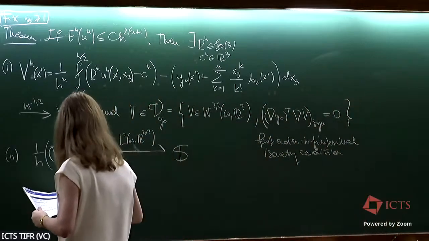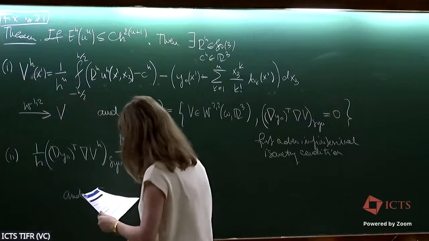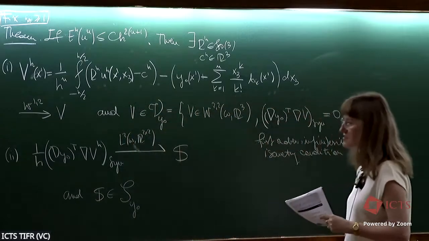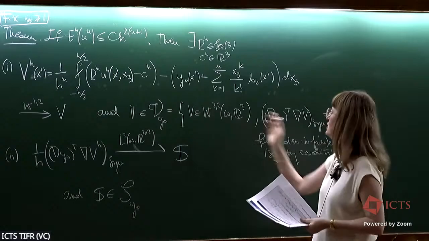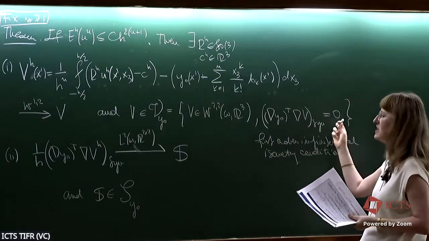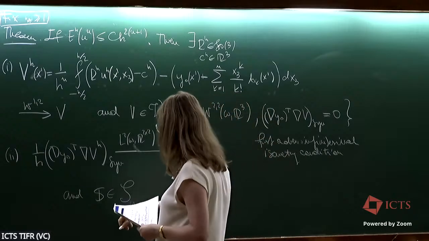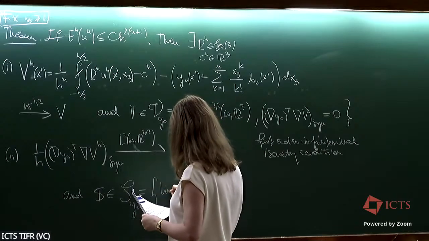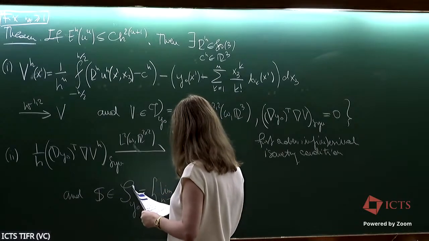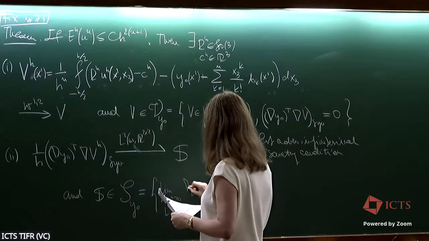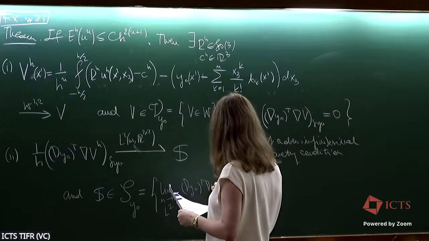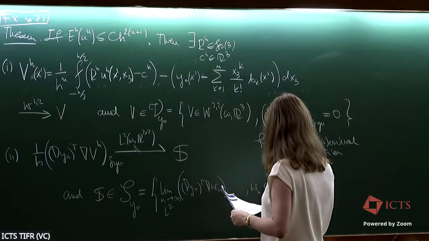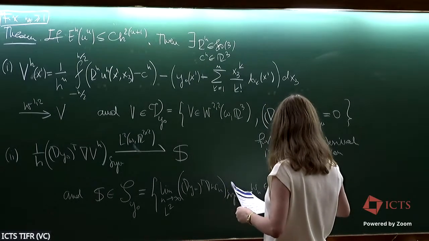And this S belongs to the space curly SY0, the space of limiting strains. And here there is no new information. Before there was new information, right? That this limiting V was like that. Here I define SY0, the space of limiting strains, as just the limits as n goes to infinity in L2 of gradient Y0 transpose, gradient Wn, symmetric part, where the Wn are in W12 from omega to R3.